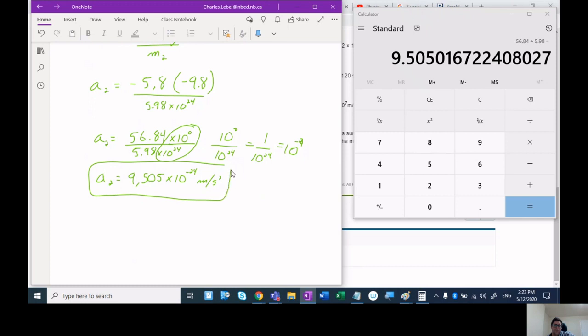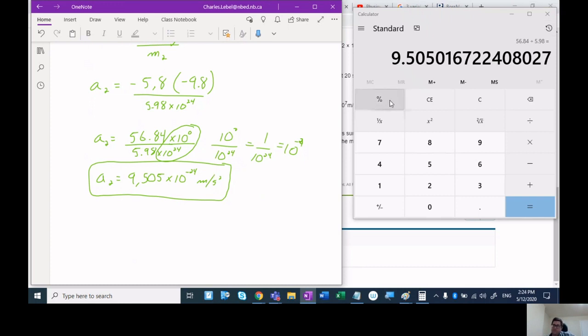This is how much the Earth is being accelerated by the book when I let it go. Right? So if I let it go from far, far away, this is the acceleration. And if I give it some time, it'll pick up.